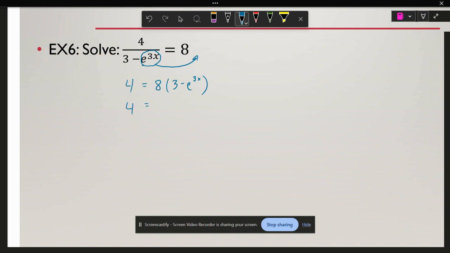So 4 is equal to 24 minus 8 e to the 3x. I'll subtract 24 and divide by negative 8.